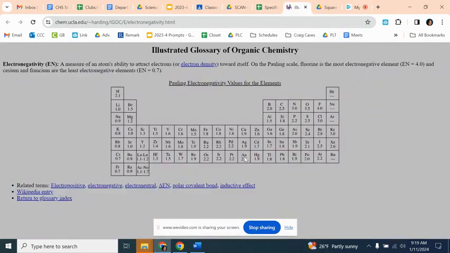Yesterday we looked at a periodic table. This is just one that I can kind of point to. This is actually electronegativities. But remember, we're talking about silicon and all of these guys. What level am I in for my electron configuration?